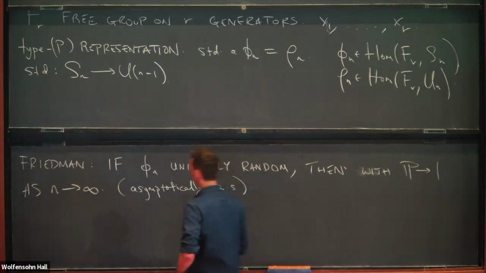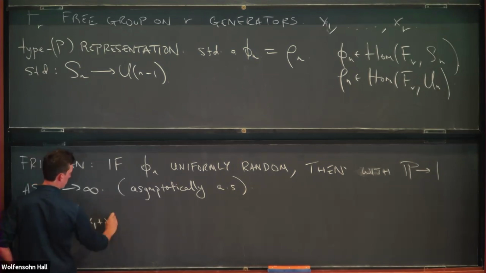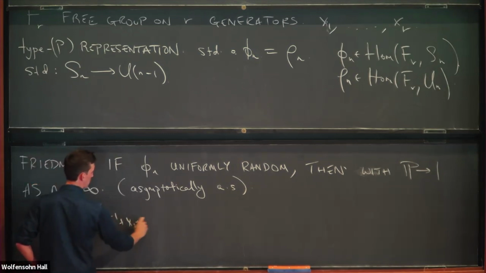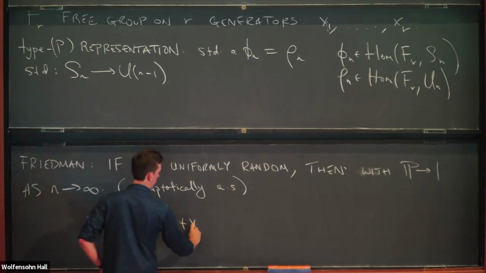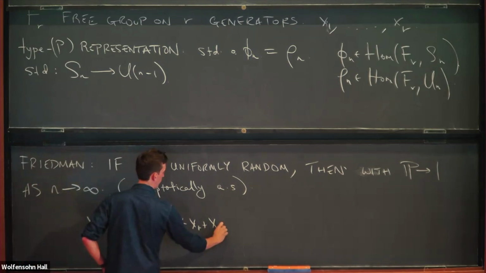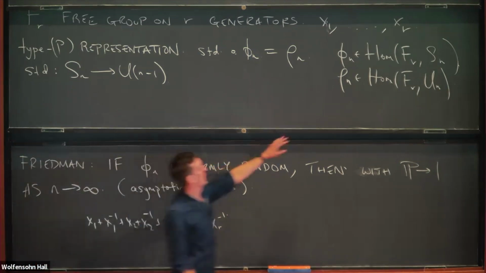If you take the following element of the group ring of the free group, x_1 plus x_1 inverse plus x_2 plus x_2 inverse up to x_r plus x_r inverse.